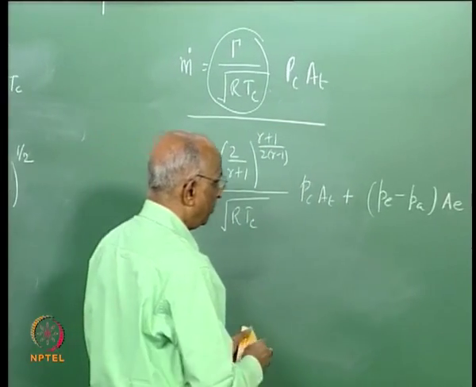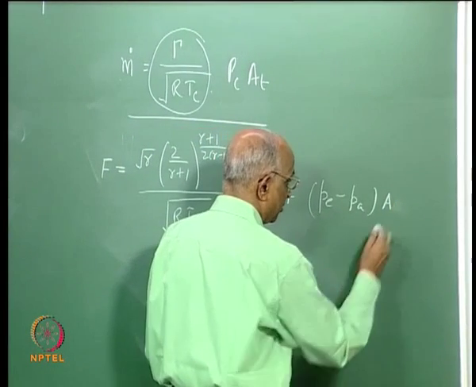This is the force generated. A is the exit area, with suffix e.